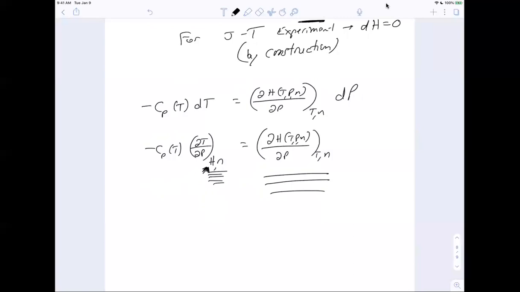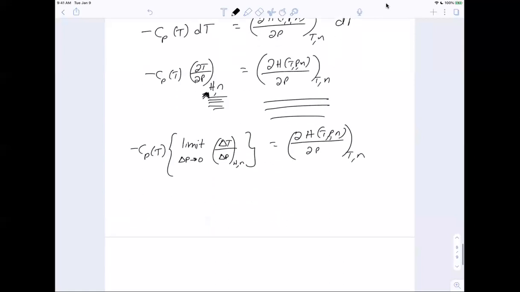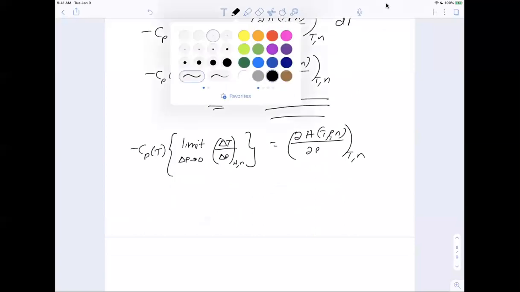The way we'll do that is to say we're going to have minus Cp of T, times the limit as delta T goes to 0 of delta T over delta P, at constant H and N. And that's going to equal the partial of H with respect to pressure at constant T and N. So you see what I did here, and I hope it's clear.